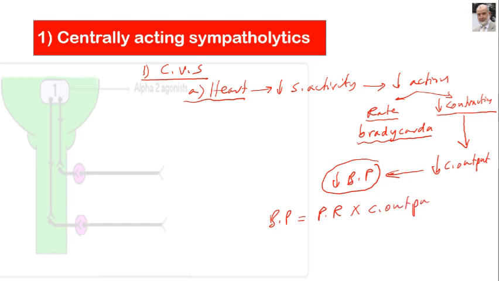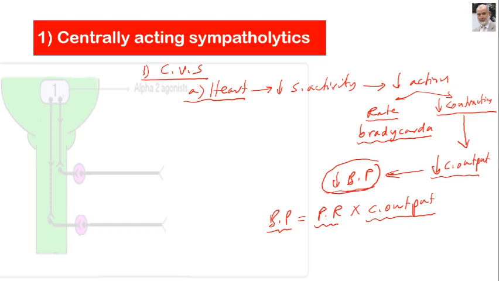Blood pressure is determined by the peripheral resistance in the arterioles and how much blood the heart is producing, the cardiac output. So if we decrease the cardiac output, we decrease blood pressure. This is the first action on the heart.